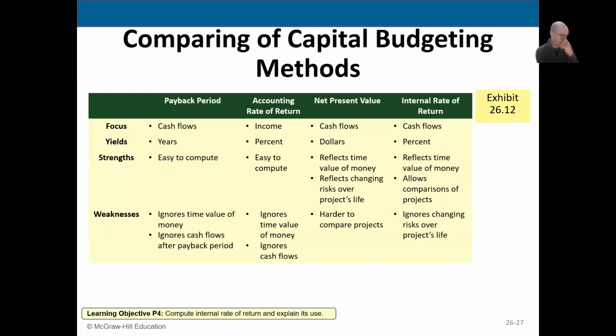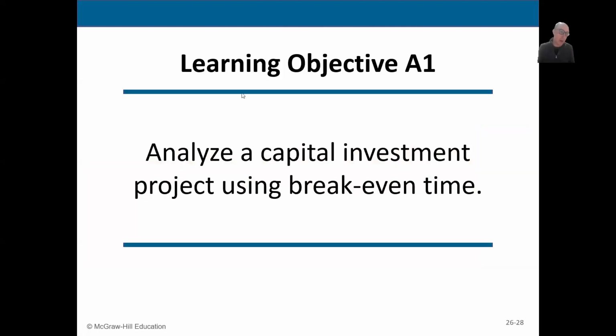These four methods are the most commonly used in accounting to evaluate the purchase of property, plant, and equipment, and to evaluate potential projects that the company is looking to take on. Very common.